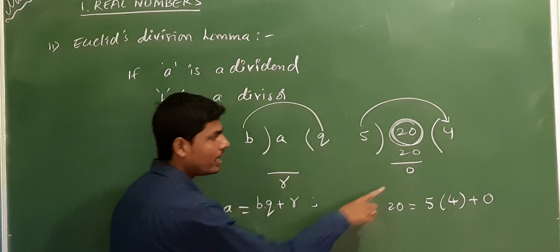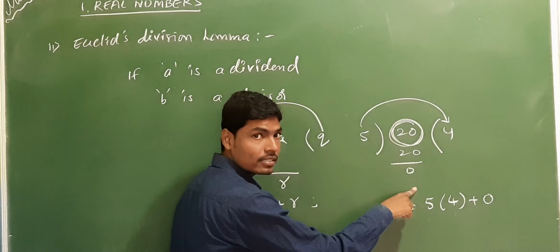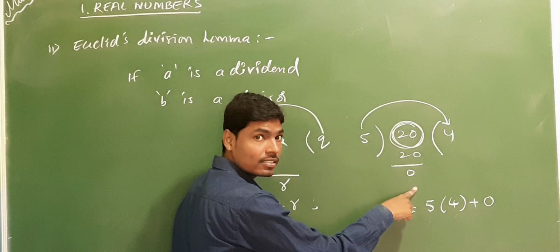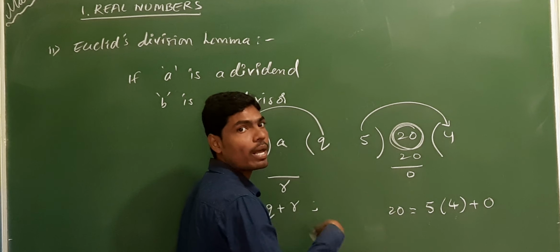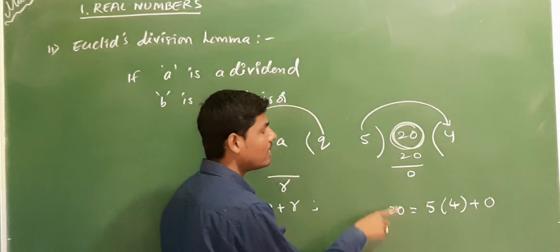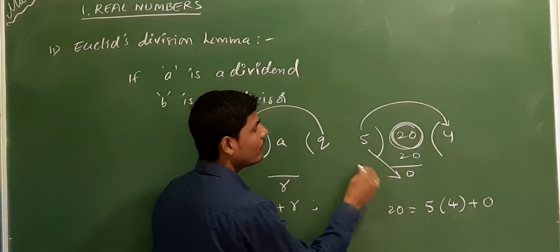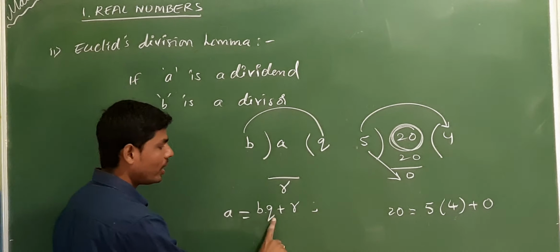What are you observing here? This remainder is always equal to 0 or more than 0, but it should be less than the divisor. So how can you give the condition here?